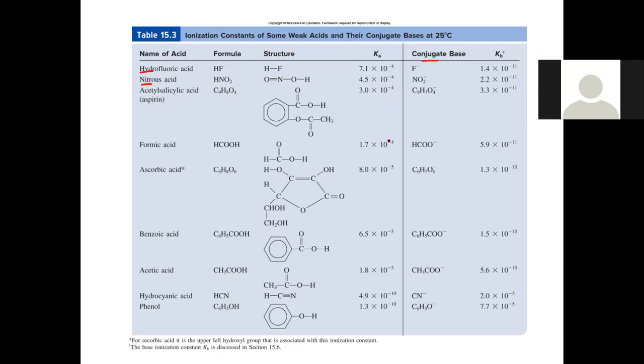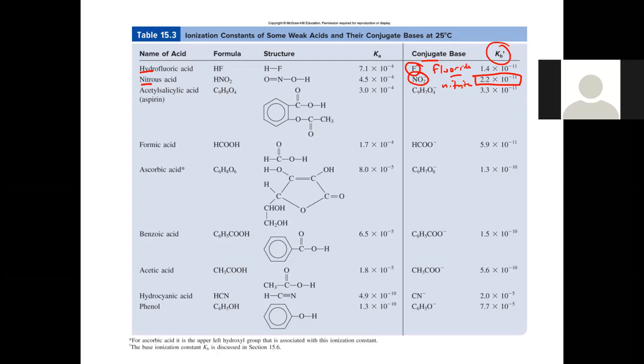So, ibig sabihin dito, alin naman ang stronger na conjugate base? Yung fluoride o yung nitrite? Nitrite po. Okay? So since the nitrous acid is weaker in terms of acid, its conjugate base is stronger than fluoride. And it can be observed here in the Kb value.